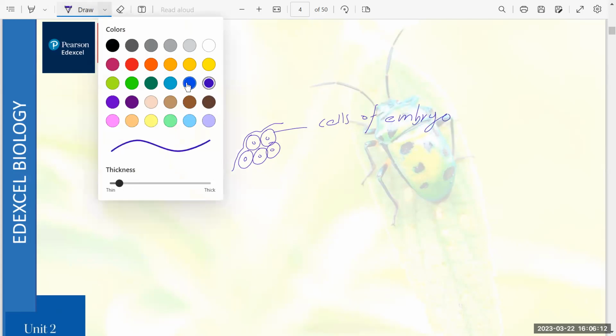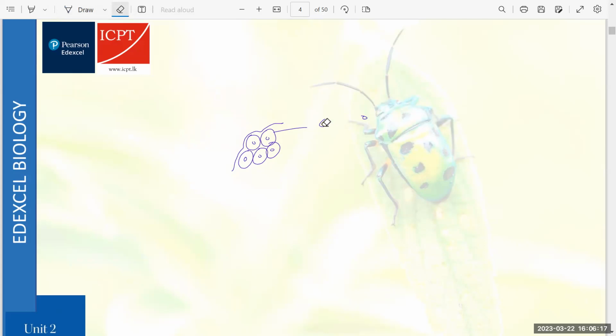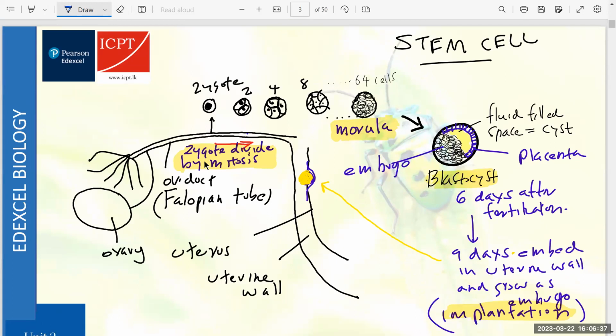Okay. As seen from the previous diagram, the zygote divides by mitosis.